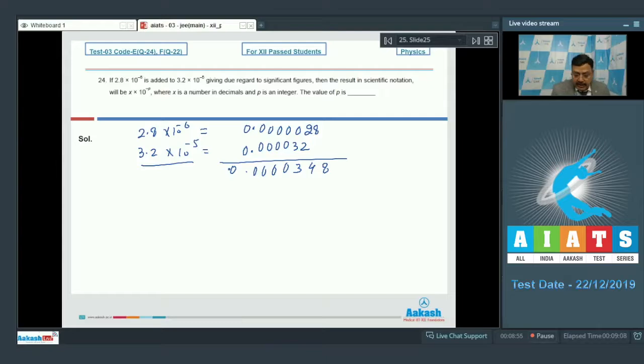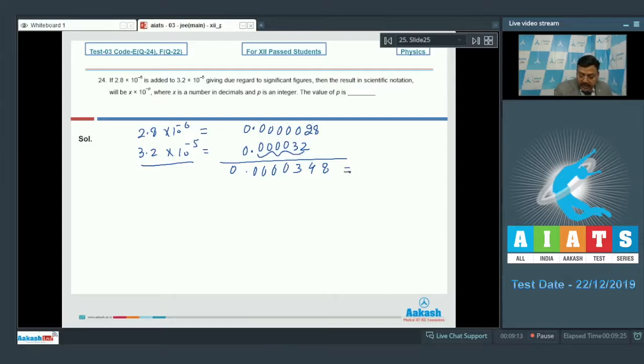So this is what we are getting, but we can only retain 6 digits after the decimal in the final result. So that means we have to drop this 8, and if we drop this 8, this becomes 5.